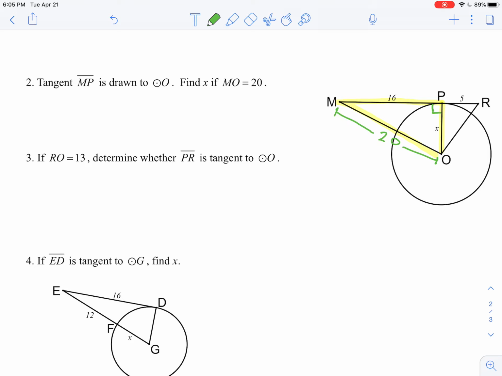When we plug the sides into Pythagorean theorem, x squared plus 16 squared equals 20 squared, or x squared plus 256 equals 400. That means that x squared is 144. And when we square root both sides, we see that x equals 12.